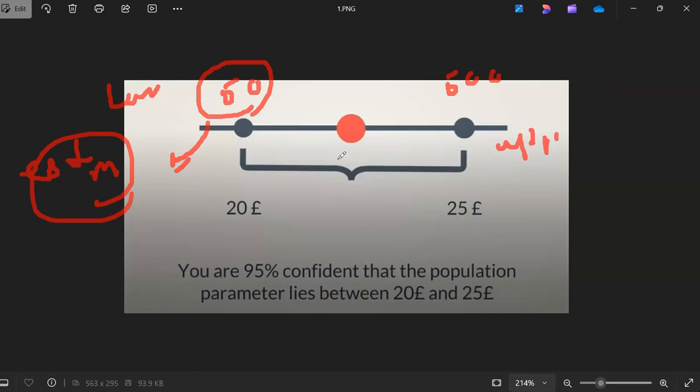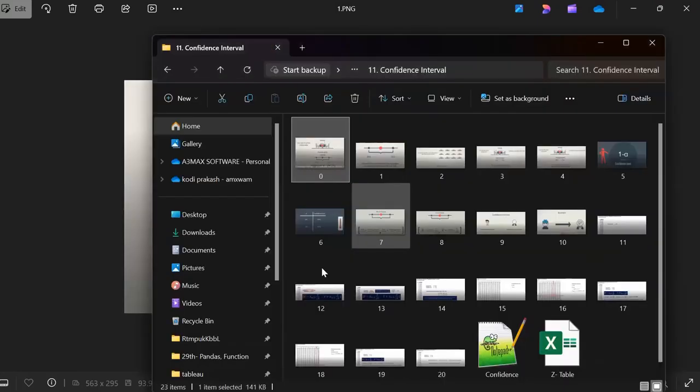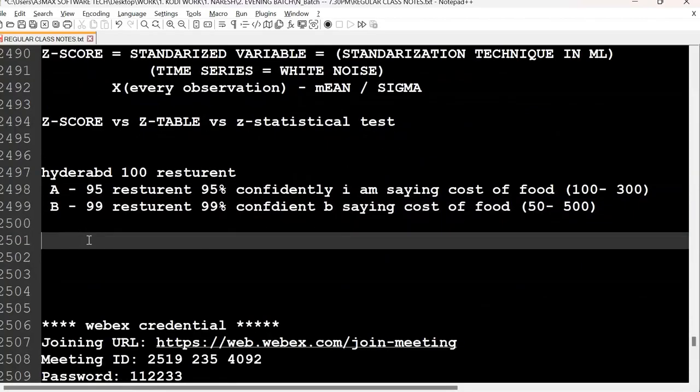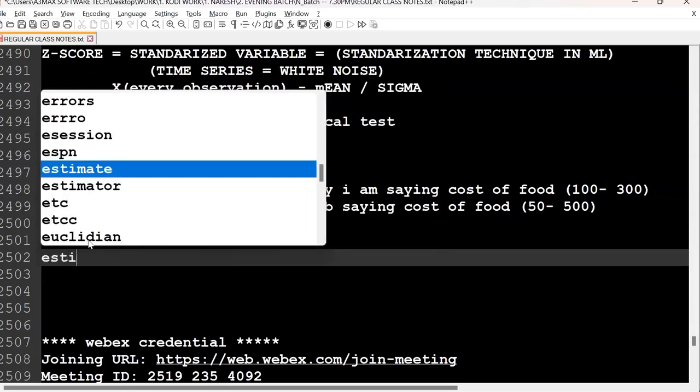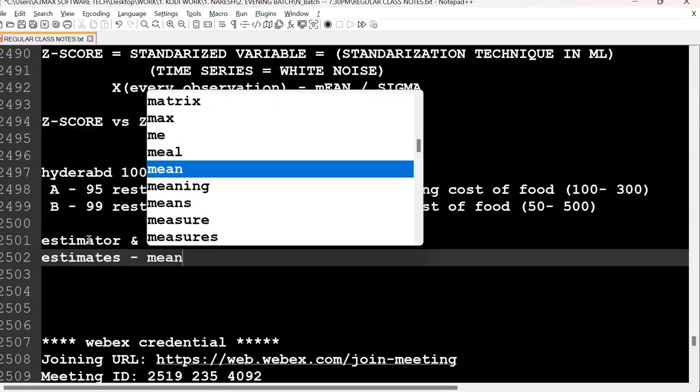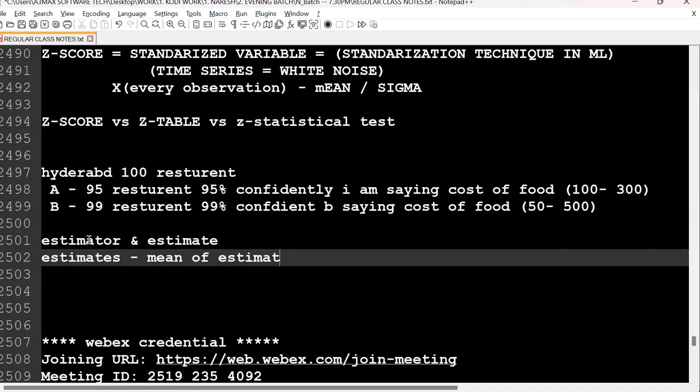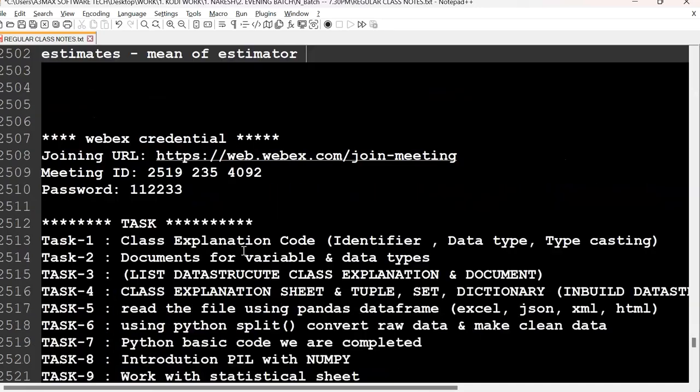Understand? And the mean of the estimator is called the estimate. So estimates is the mean of the estimator. Guys, do you understand or not? Very simply, I'm explaining these concepts and giving you these examples.